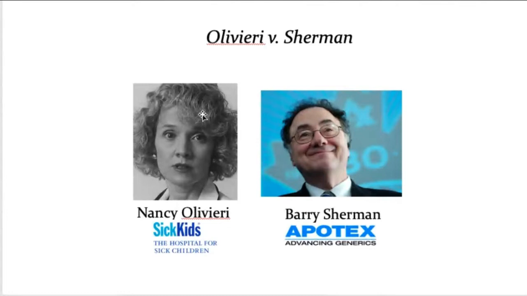Okay, so November 2nd they met. They negotiated all day. Then November 3rd they came back for day 2 of the mediation. Nancy Olivieri made some settlement offers on day 1. Sherman and Apotex made counteroffers on day 2. Sherman and Apotex's offers were handwritten, right?